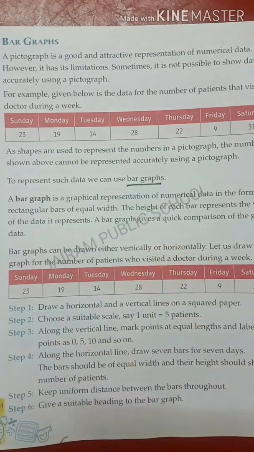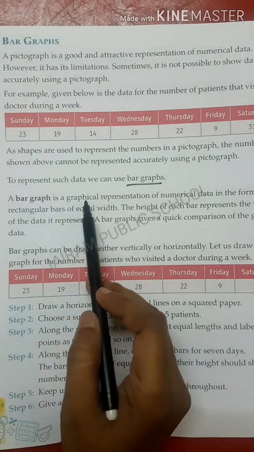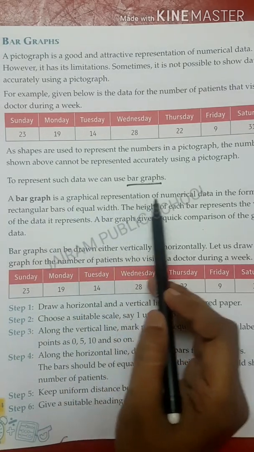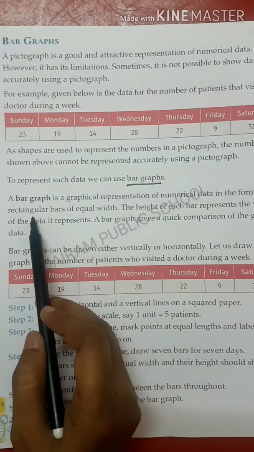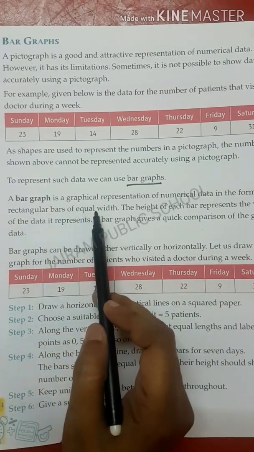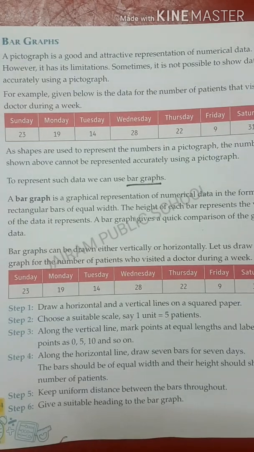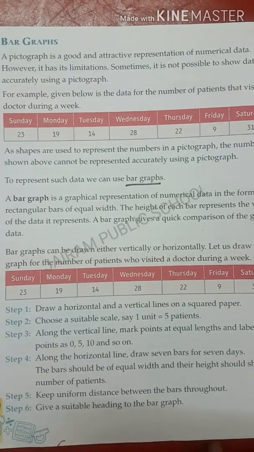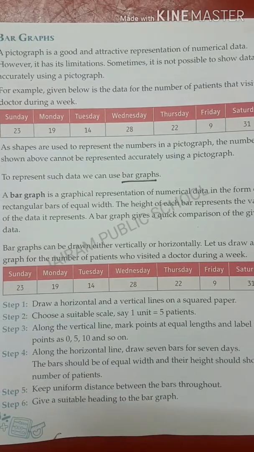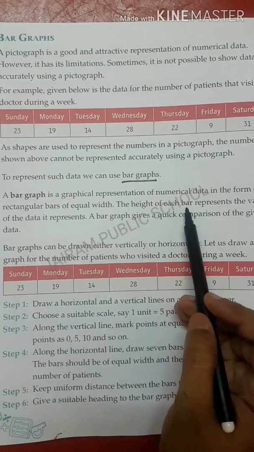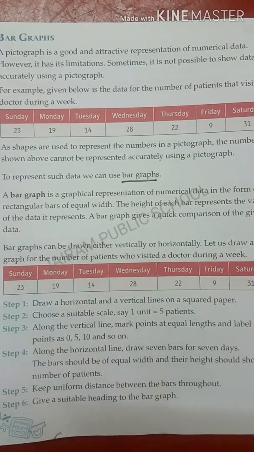Yes, you just underline it. Now, a bar graph is a graphical representation of numerical data in the form of rectangular bars of equal width. So, you are going to take rectangular bars of equal width to represent the numerical data. The height of each bar represents the value of the data it represents.